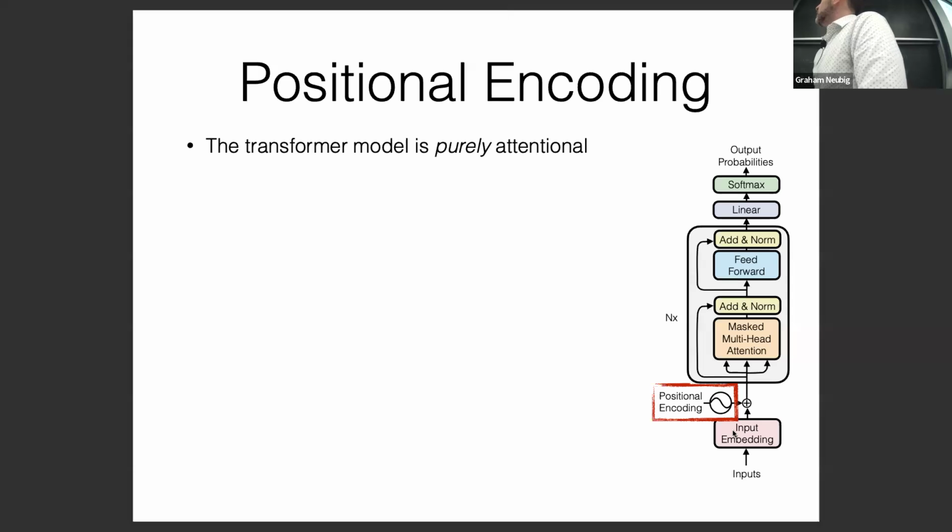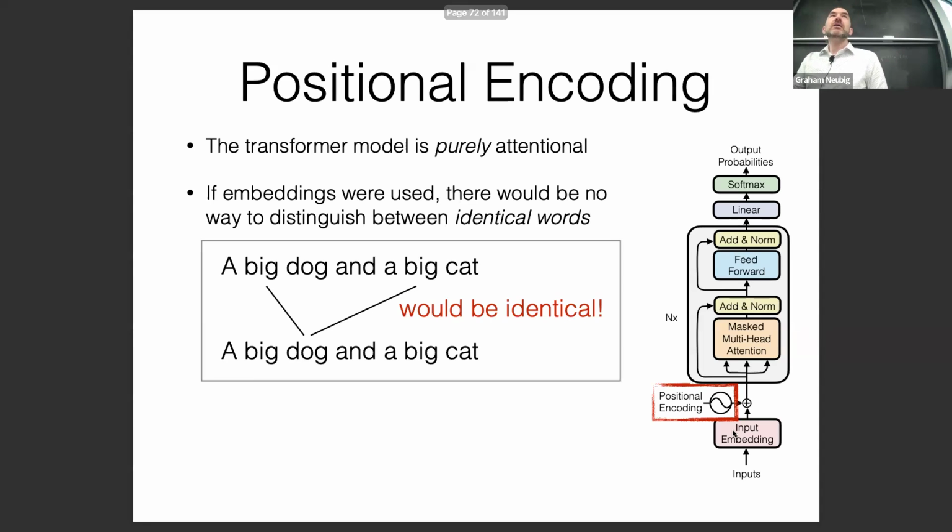Because the transformer model is purely attentional, if only embeddings are used, there would be no way to distinguish between identical words. If you had a big dog and a big cat, the attention values from every other place in the sentence would be guaranteed to be the same for big, because their vectors are identical.